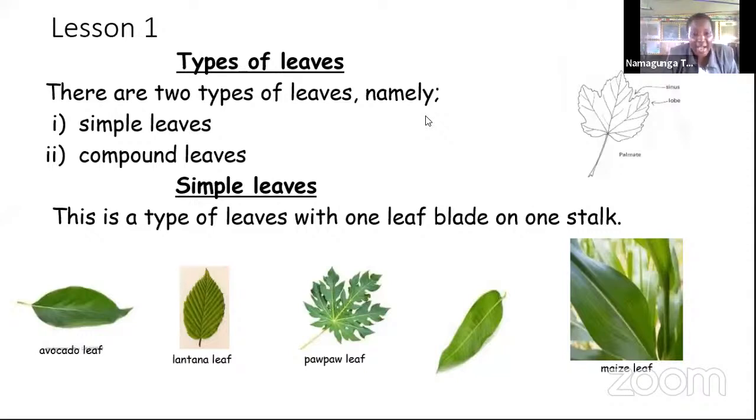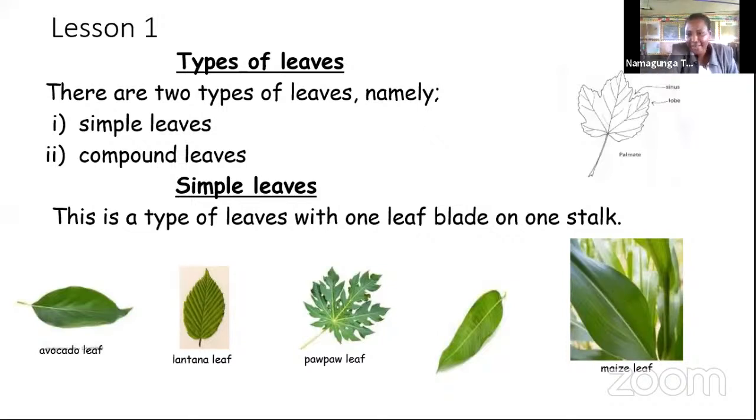Still, they are simple leaves, because the surface of that leaf, the leaf blade, is still one. They are dividing up, but not divided completely. It is still attached as one, and they still make one stalk. Is that okay?